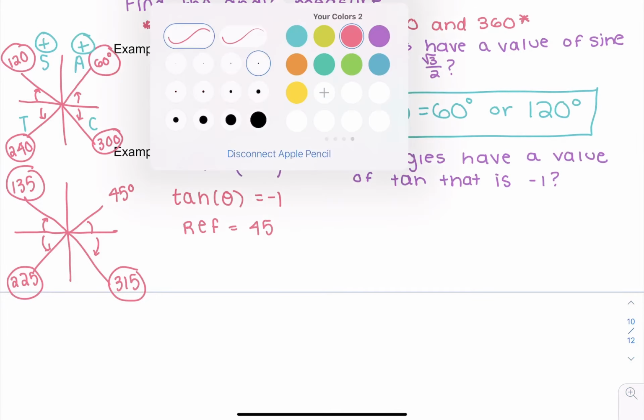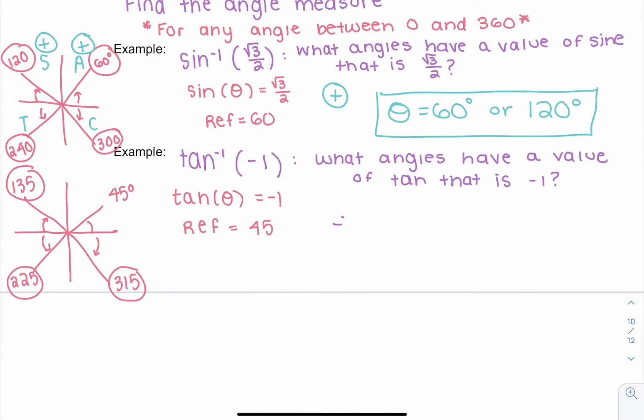Now I ask, where is it going to give me a value that's negative? Well, if I have all students take calculus, tangent's positive here, so that doesn't work. Tangent's positive here, so that doesn't work. So my angles are 135 degrees or 315 degrees.